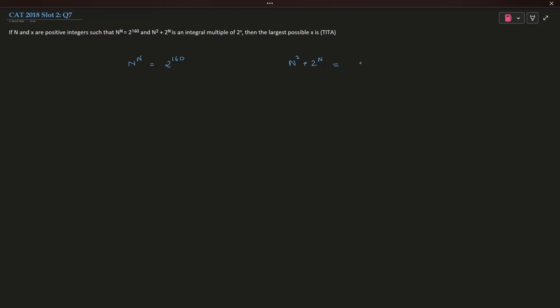So this can be written as equal to 2 to the power of x into some number. n is a natural number, so n square is a natural number, 2 to the power n is a natural number, so this is a natural number.